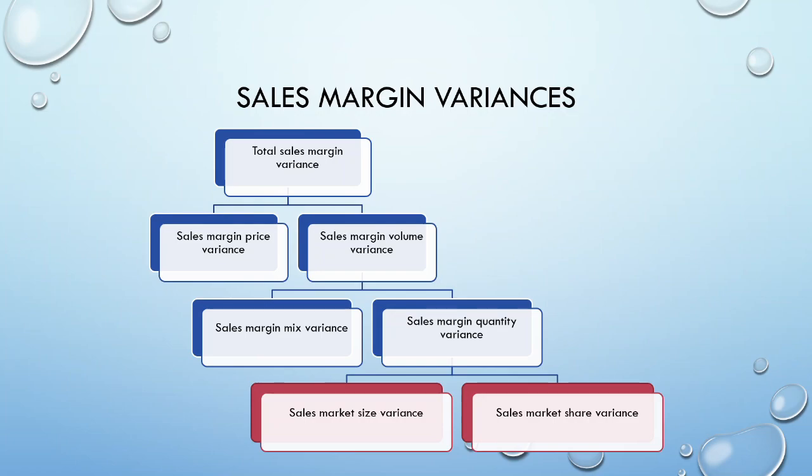Now let us summarize the variances we have so far from the bottom up. We just calculated our sales market size and share variances as 80,000 Rand favorable and 180,000 Rand unfavorable respectively. These add up to the sales margin quantity variance, which in this example is the same as the sales margin volume variance.